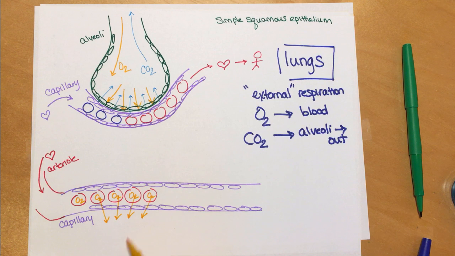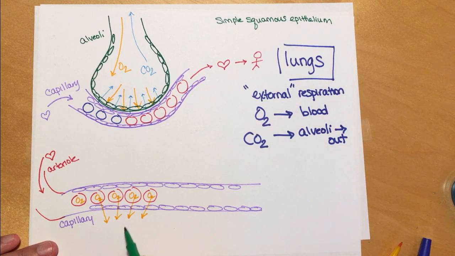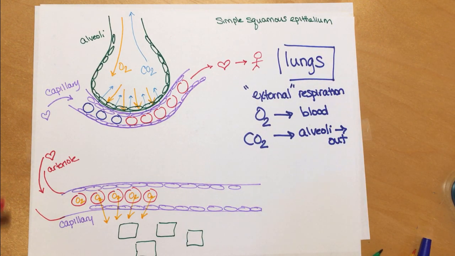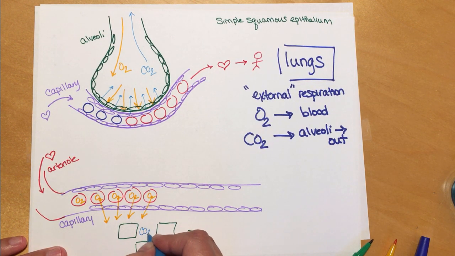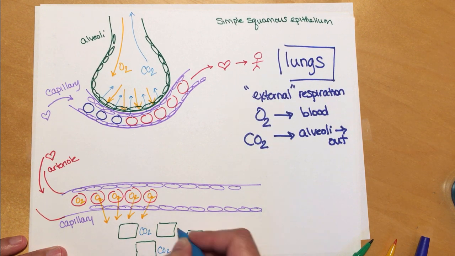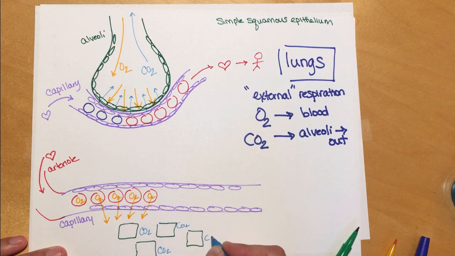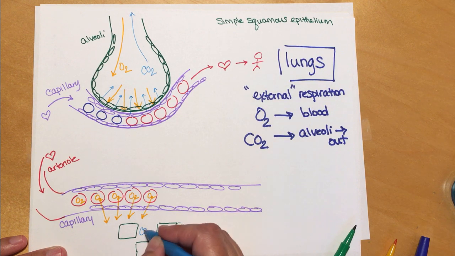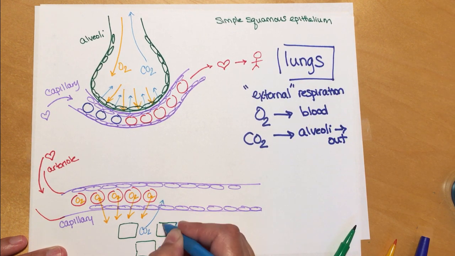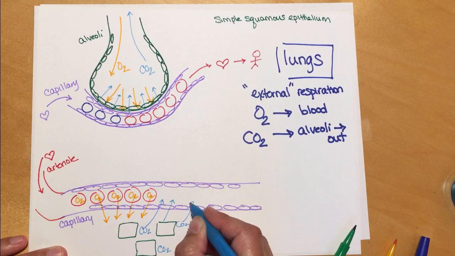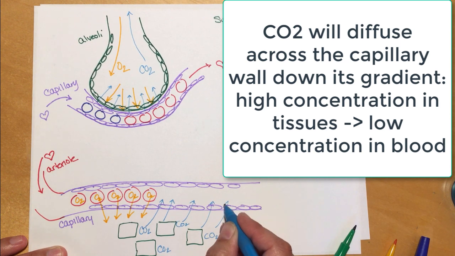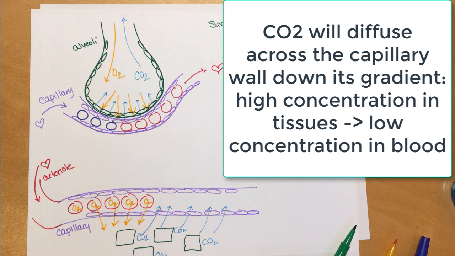Now, out here in the tissues, we have a bunch of cells. This whole time, they've been sucking up all the oxygen, and they've been producing CO2. So there's lots of CO2 in this environment. The CO2 is going to enter the bloodstream. Some of it's going to be picked up by the red blood cells, but most of it's actually going to travel in the blood.